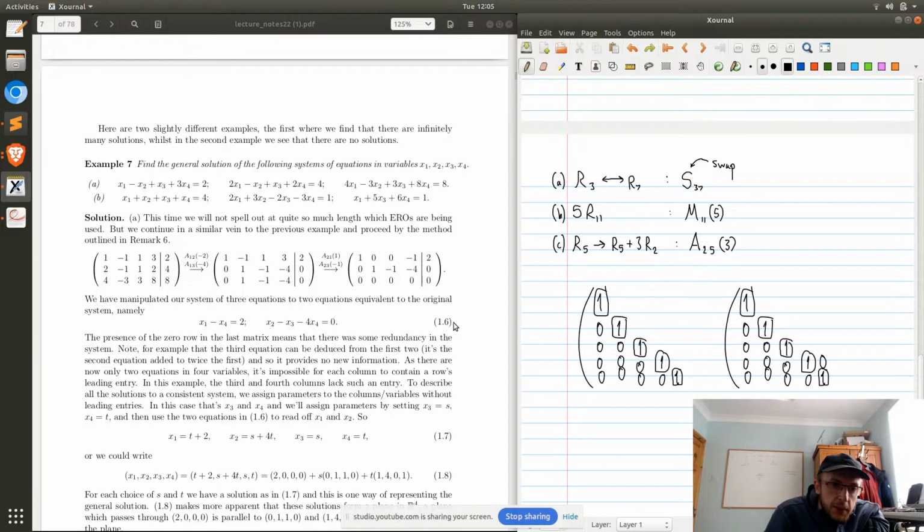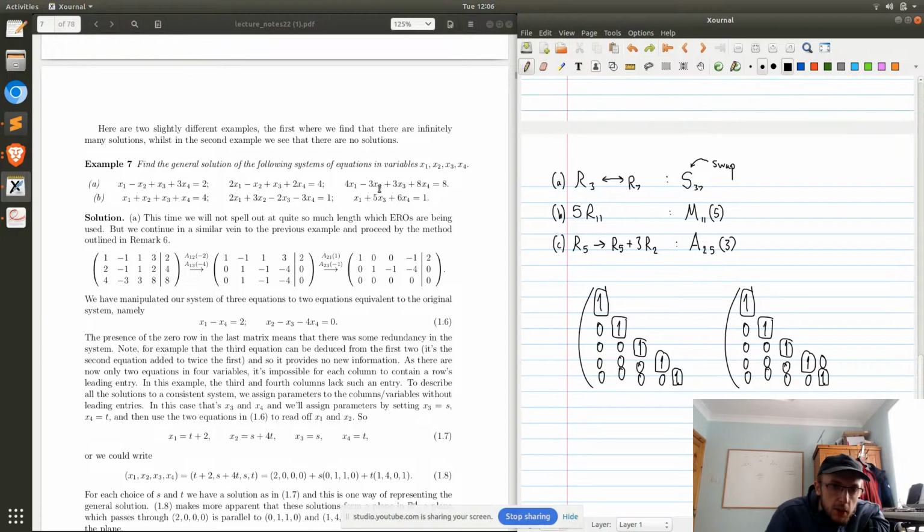Note, for example, that the third equation can be deduced from the first 2. It's the second equation added to twice the first. I see. Yep, you add the second equation to twice the first.